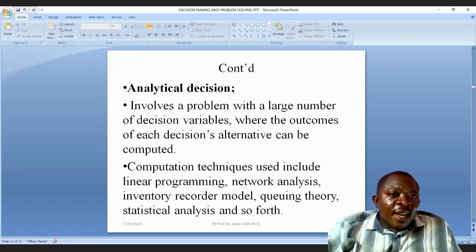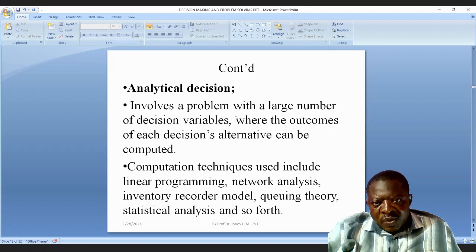Then there is the analytical decision. This involves a problem with a large number of decision variables, where the outcomes of each decision's alternative can be computed. So, computation techniques are used to find solutions to analytical decisions.